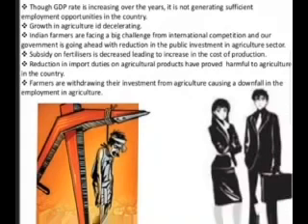Subsidy on fertilizers is decreased, leading to an increase in the cost of production. Reduction in import duties on agricultural products has proved harmful to agriculture in the country. Farmers are withdrawing their investment from agriculture, causing a downfall in employment in agriculture.